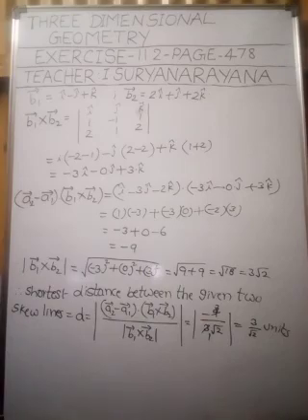Understood this point, my children? In question number 15, the lines are given in the Cartesian form. So use that formula. Question number 16 is the same as question number 14. The given two lines are in the vector form only. But in question number 17, the two lines are not given in the standard form. So convert them into the standard form. Okay, my dear children.